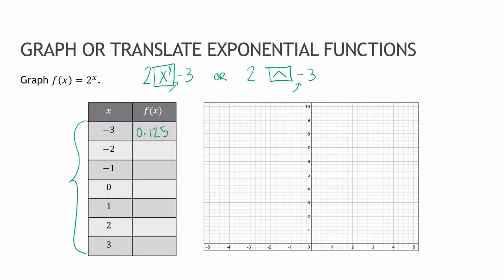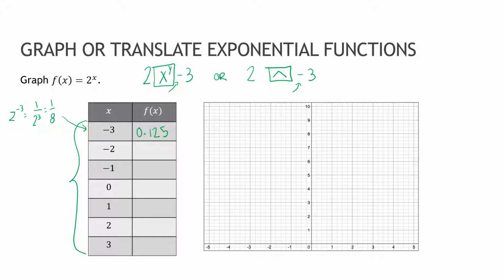0.125. Because keep in mind what's happening is 2 to the -3 is 1 over 2 to the 3rd. So that's just 1 over 8, and 1 over 8 is 0.125. So you can do it using your calculator or in your head, but use your calculator just to check.